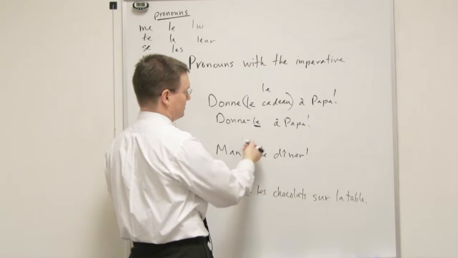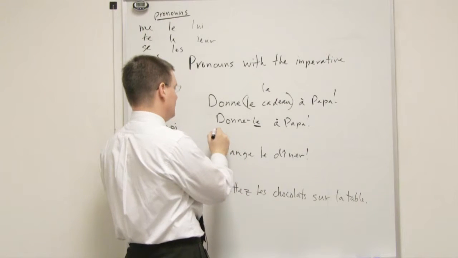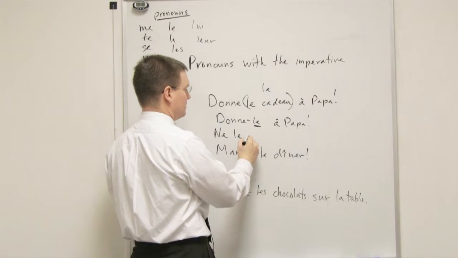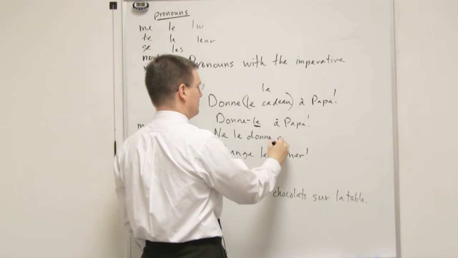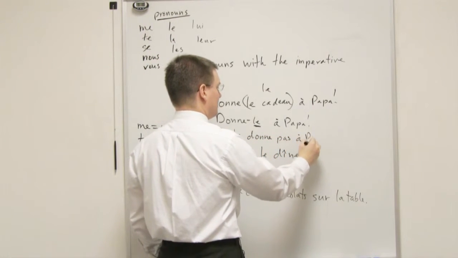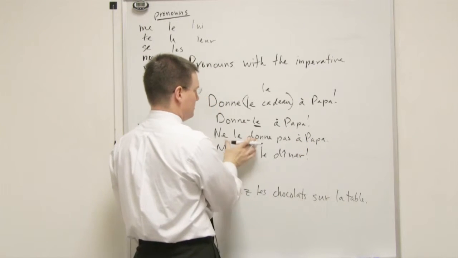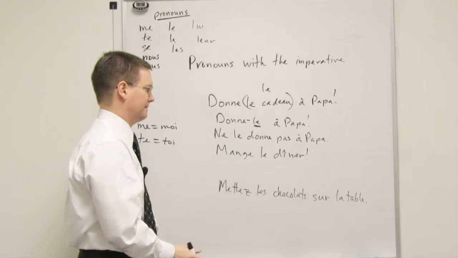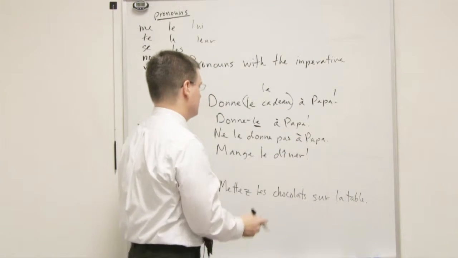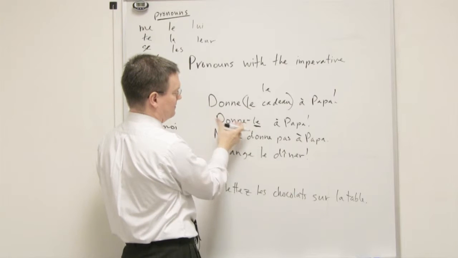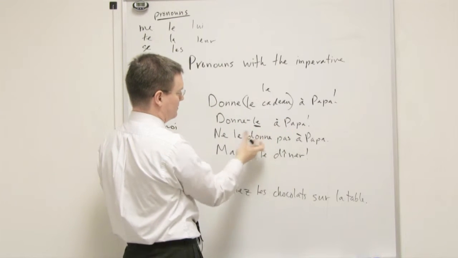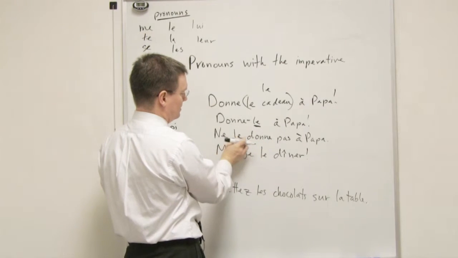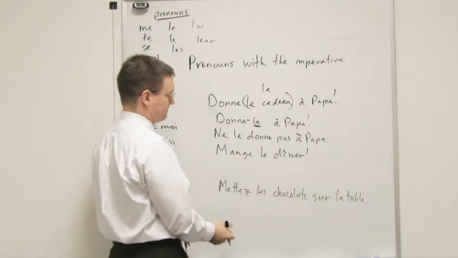If it's a negation, you put it in front of the verb: ne le donne pas à papa. "Don't give it to dad." So notice, if it's affirmative, a positive phrase, it just comes after the verb. And if it's a negative phrase, it comes before the verb. Ne le donne pas à papa.